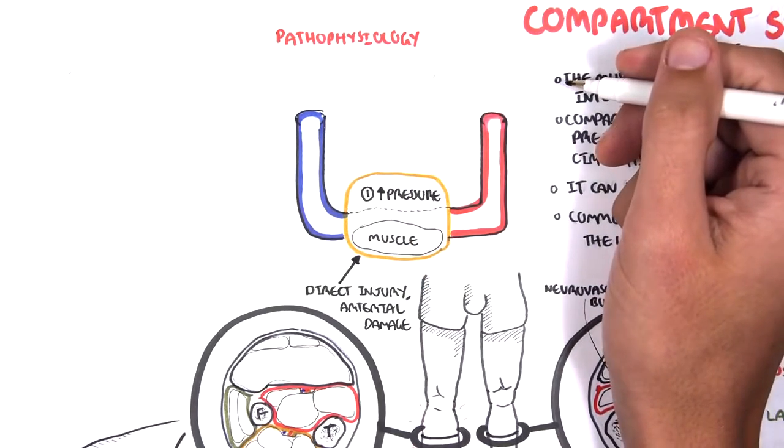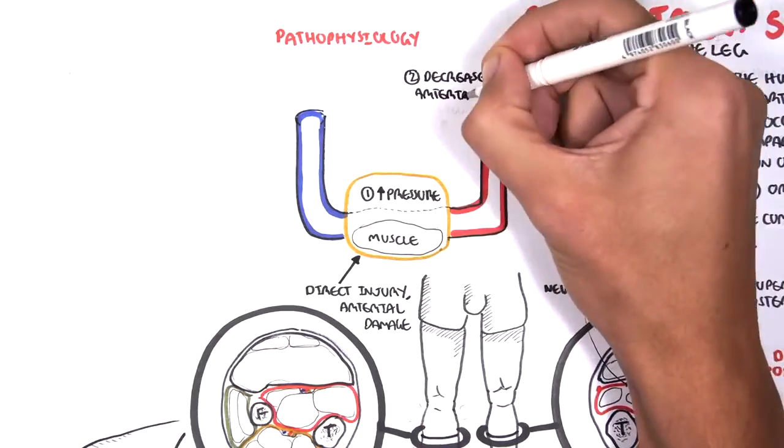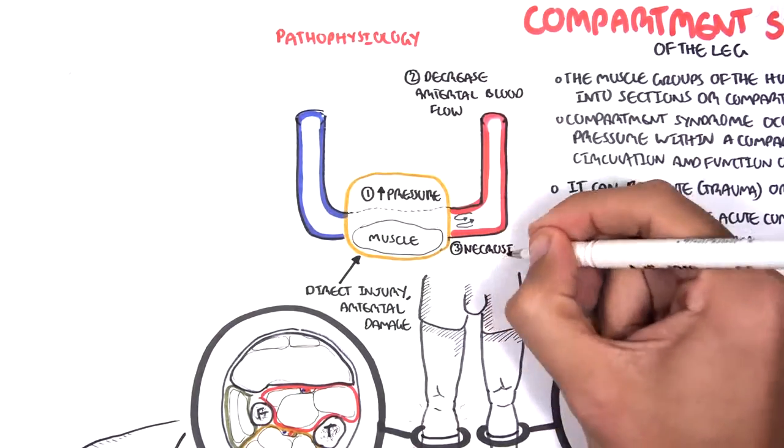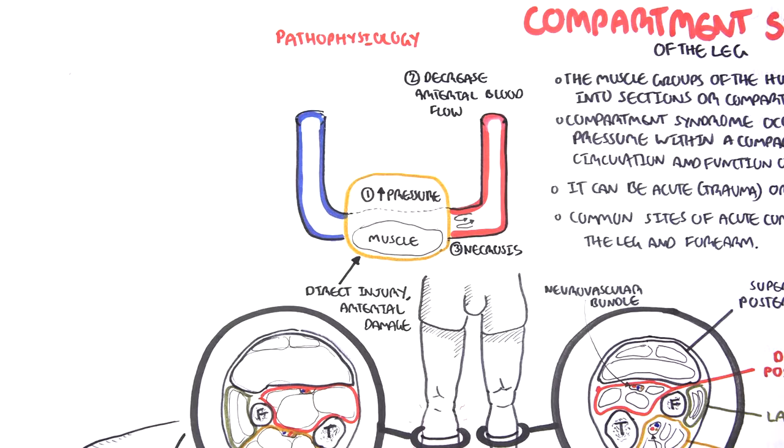When there is an increase in pressure, eventually the arterial supply will be reduced to that area because blood cannot go through. This will eventually lead to the death and necrosis of that area. When there's death of the cells, this further triggers an inflammatory reaction, causing further edema and further increasing compartment pressure.